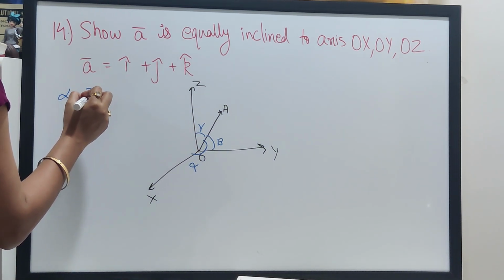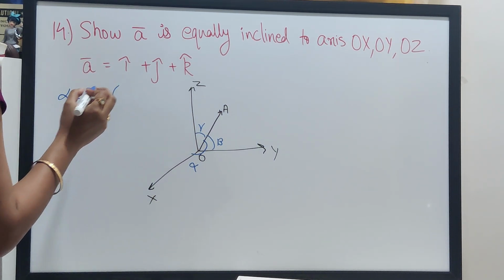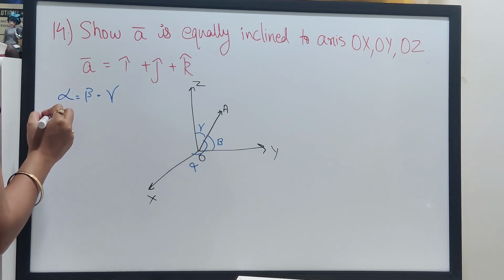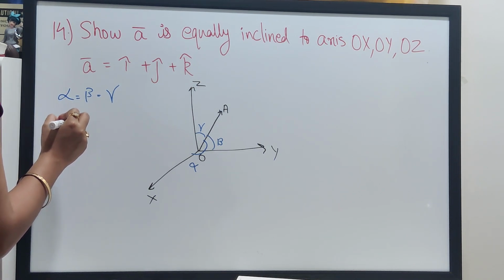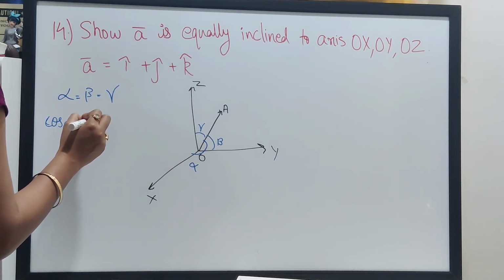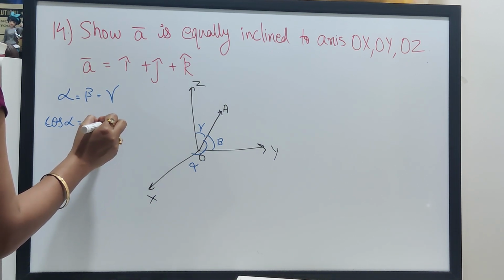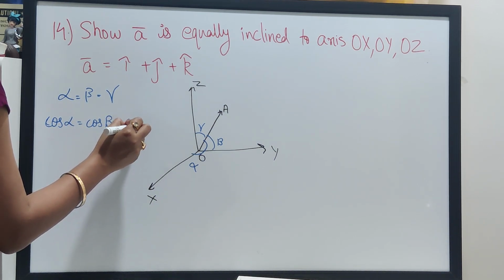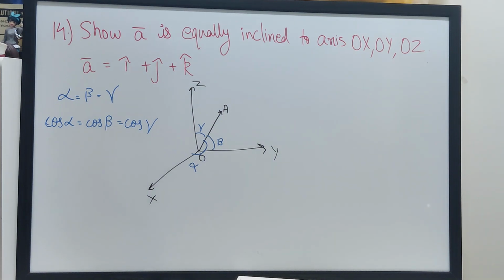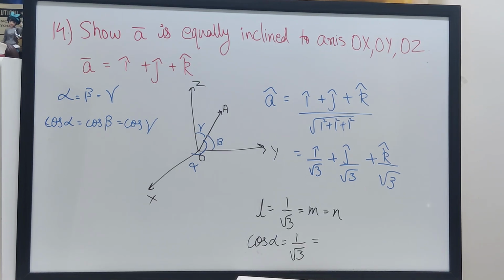As you can see, the value of cos alpha, cos beta, cos gamma is same, which is 1 by root 3. So if I tell you to calculate alpha, what will you write it as? Cos inverse 1 by root 3. Same you will write for beta, same you will write for gamma. So this proves that they are equally inclined to OX, OY and OZ.